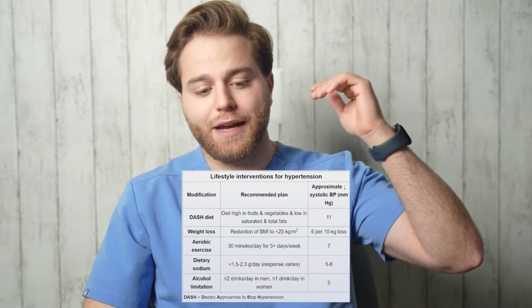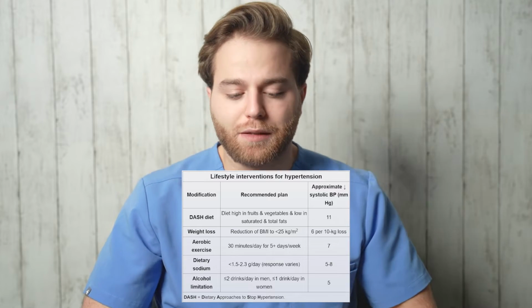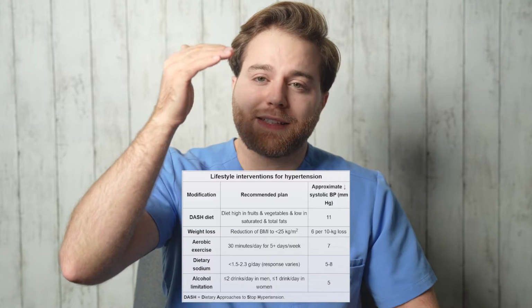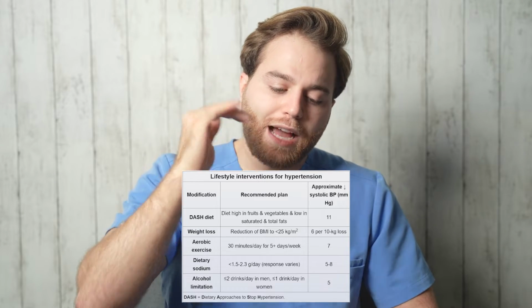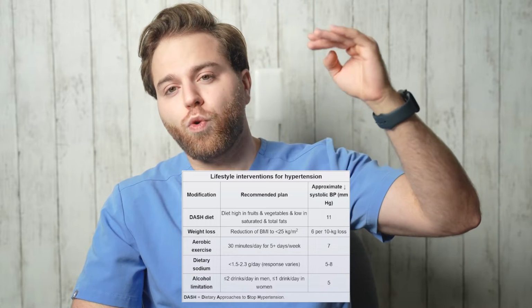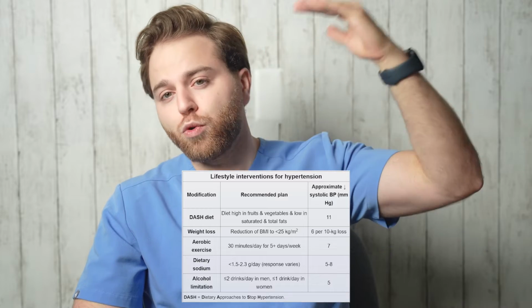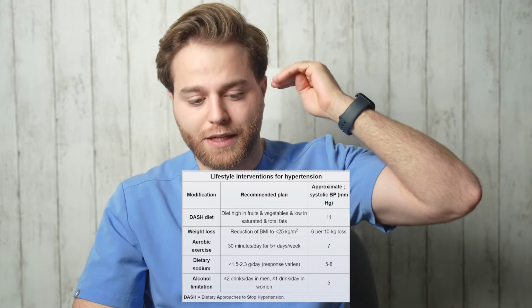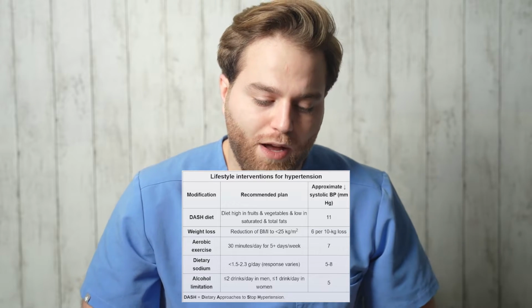And it starts with weight loss being the most to lower our systolic blood pressure, and then second place comes the DASH diet, and then exercise, dietary sodium, alcohol intake. Those are the steps of which one lowers our systolic blood pressure from the most to the least. So again, it's weight loss, DASH diet, exercise, dietary sodium, alcohol intake.